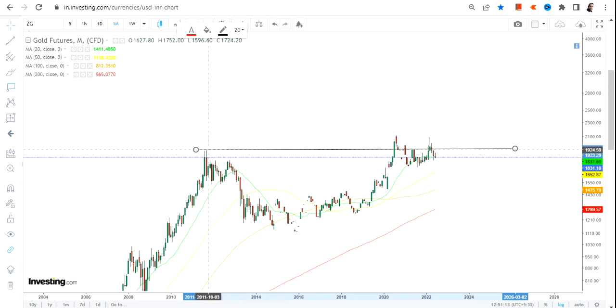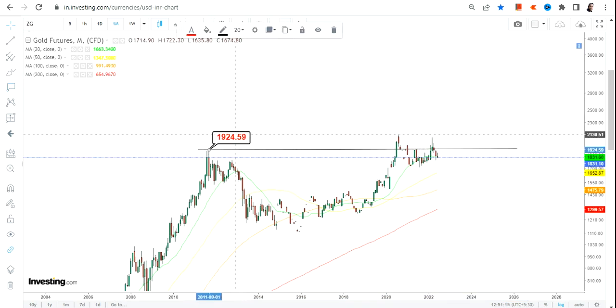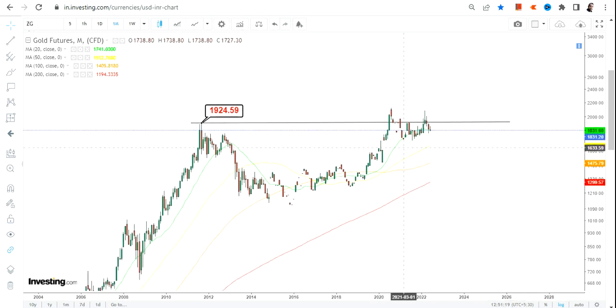So this was your resistance of 2011, 1920, 1930, and since 2020 it has tested this level multiple times: 1, 2, 3, 4.